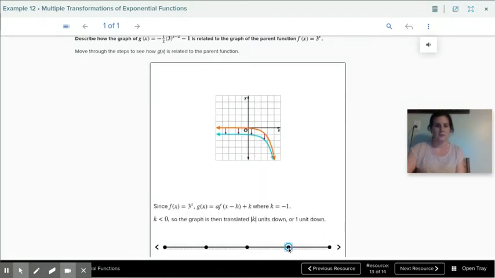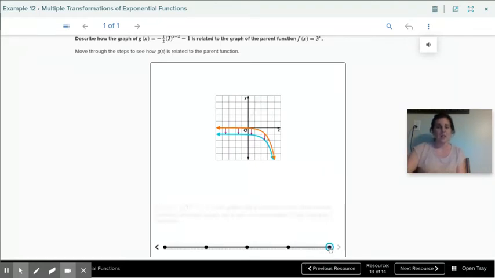Oops, I skipped one. And then last of all, our k is -1. So since our k is -1, that translates it down 1 unit. That was a lot of transformations. It took the parent function and compressed it vertically, reflected it across the x-axis, and translated 2 units right and 1 unit down.